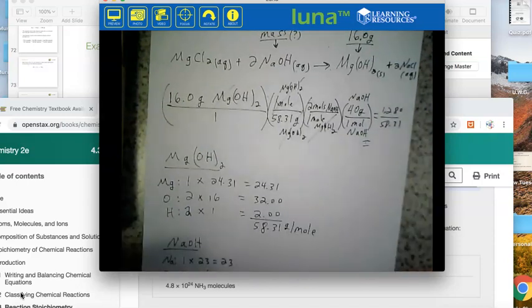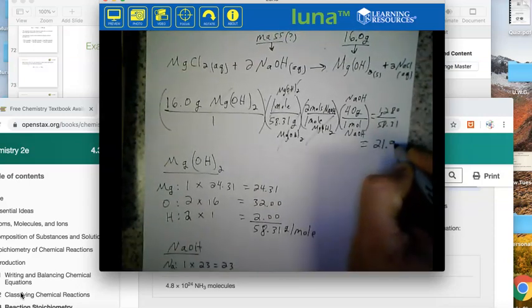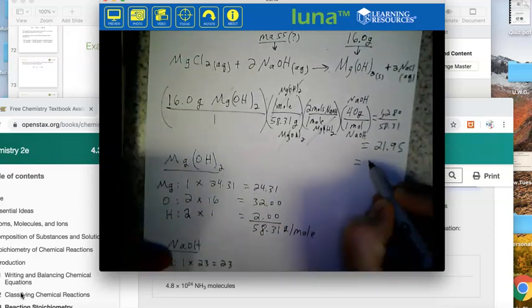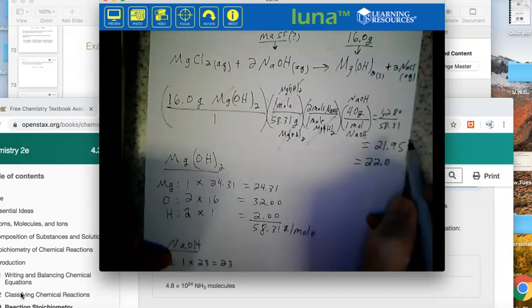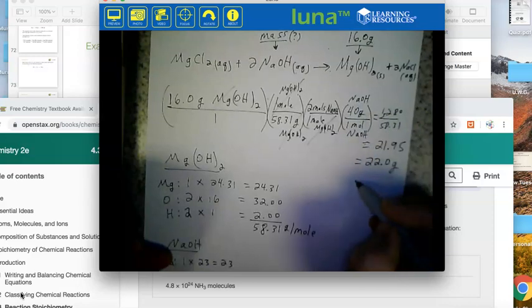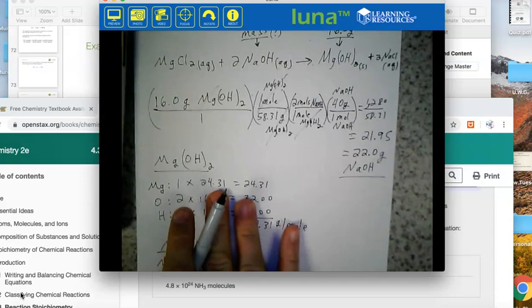Okay, this is a comma, by the way. So that's going to be 21.95. Okay, and so I would call this basically 22.0, and that is going to be mass, in grams, of sodium hydroxide. So 22 grams.